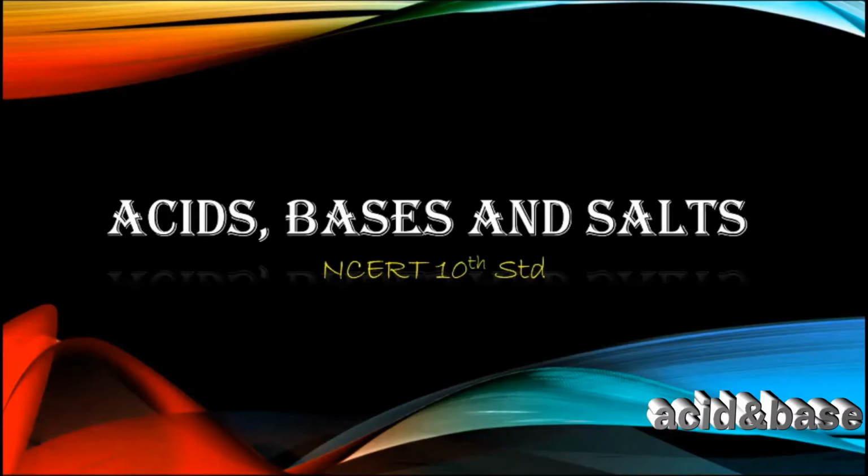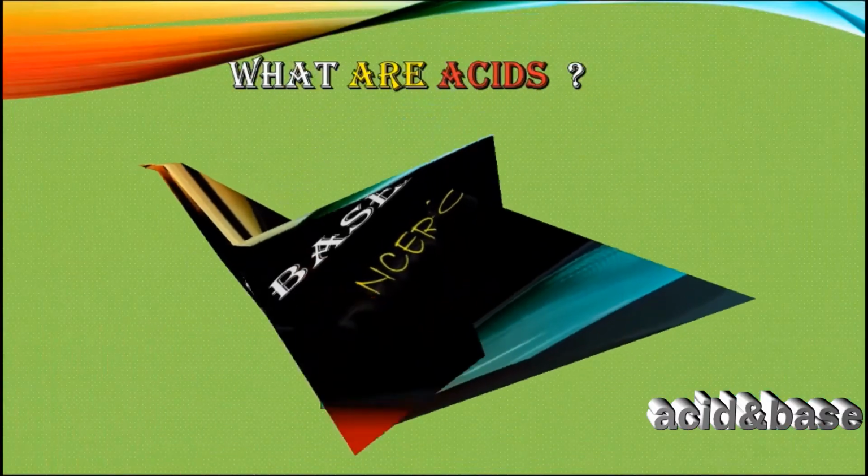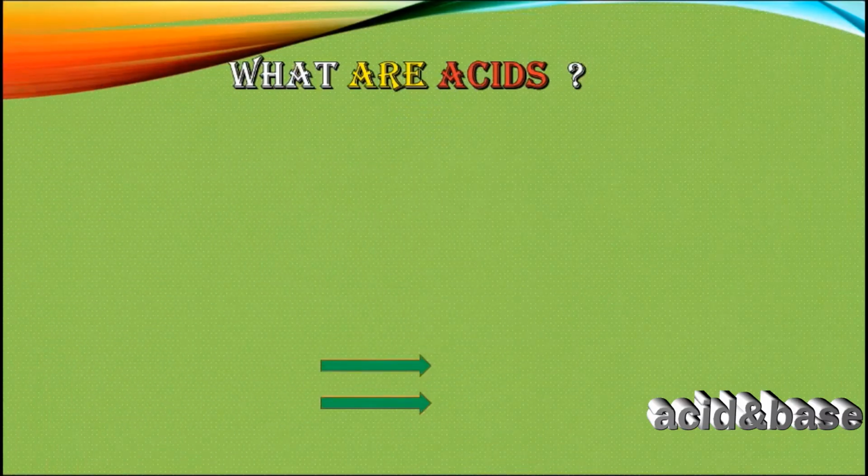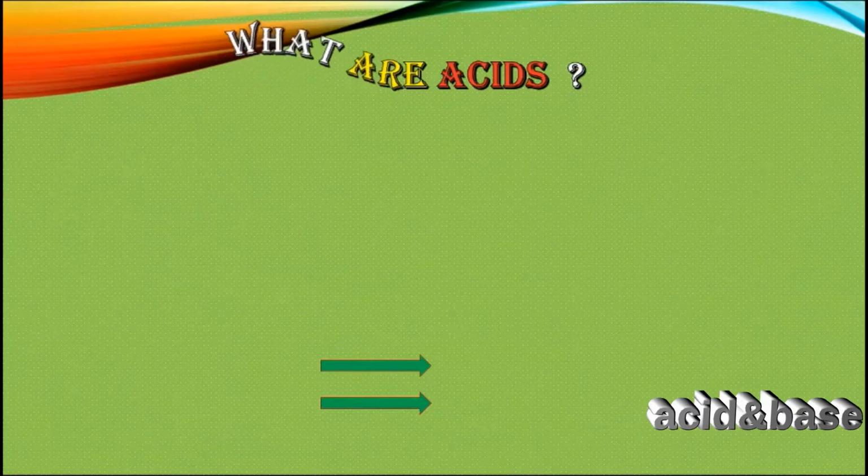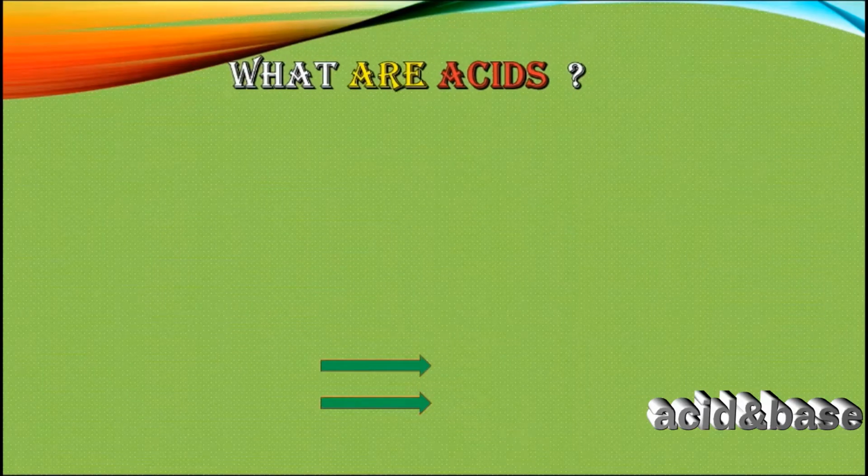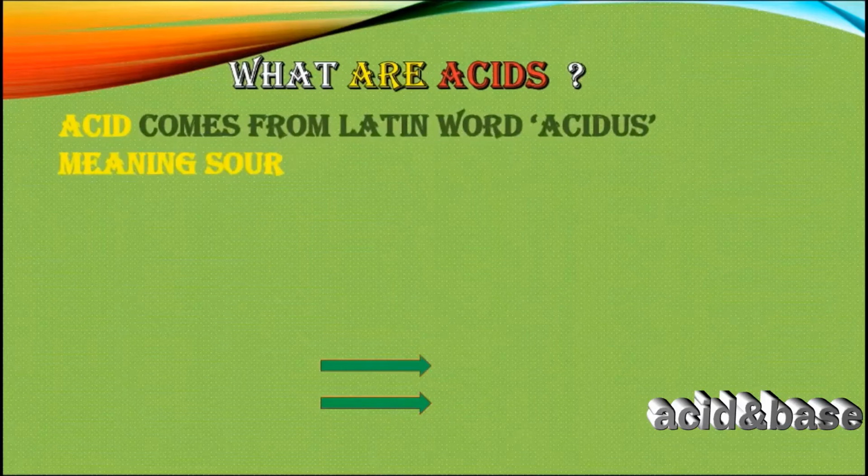Okay, let us start the topic. The basic questions that arise with the topic are: what are acids, what are bases, and how are they related to each other. So let us see what acids are. Acid comes from the Latin word acidus, meaning sour.